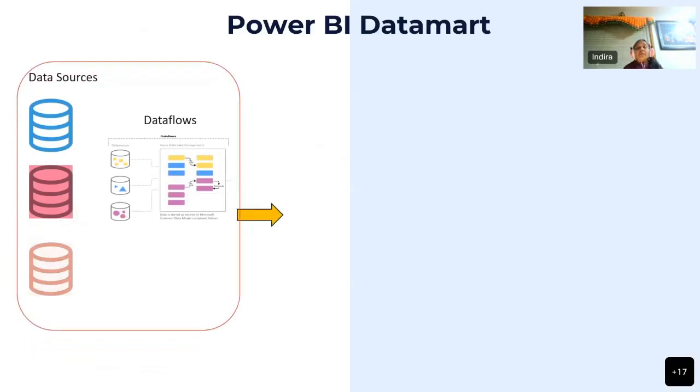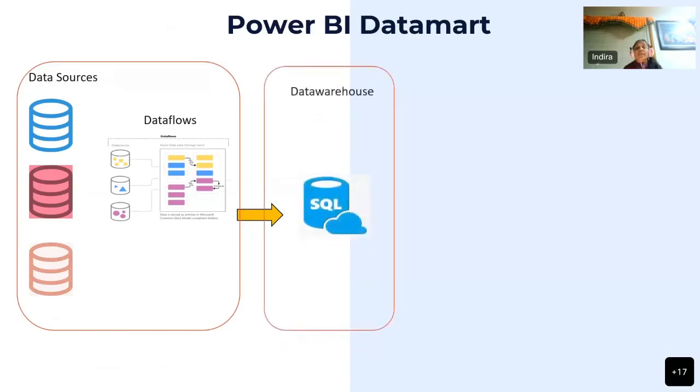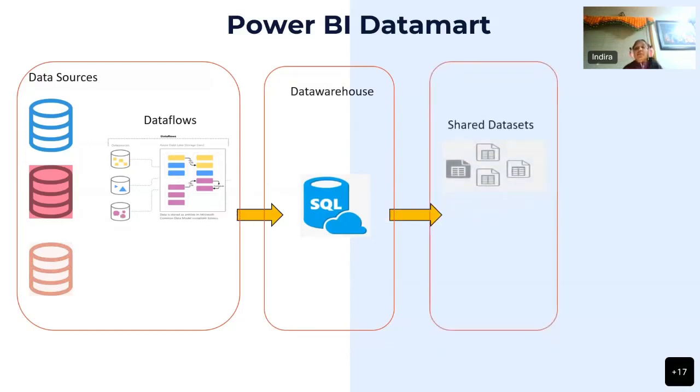From the dataflows, what happens in the background is it creates a SQL Server data mart, and that SQL Server is in Azure. So it's in the Azure SQL database, and all happens automatically. The user doesn't know that this is happening. And that can be used to create shared data sets.